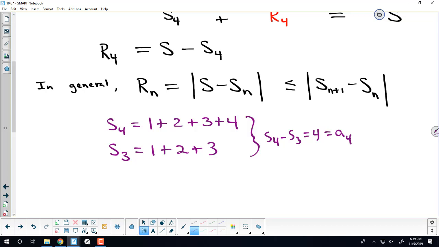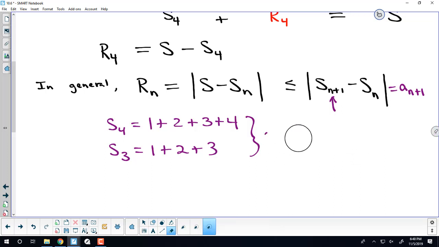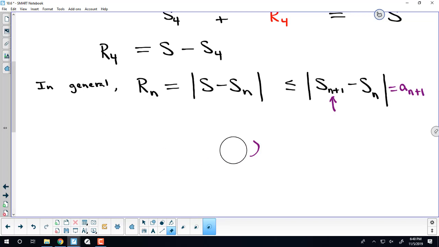So s sub 4 minus s sub 3 equals the fourth term. S sub n plus 1 minus s sub n: that partial sum here has just one more term than the nth partial sum does. So when we subtract them, we're just left with the n plus 1th term for whatever series, it's alternating or not.